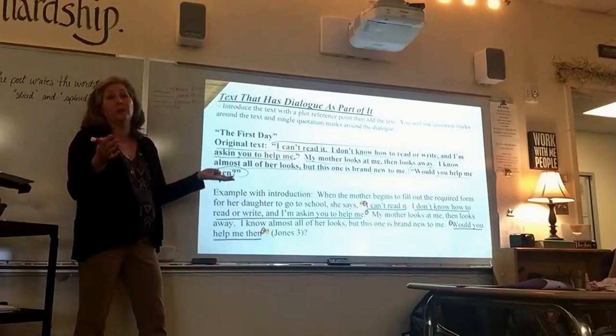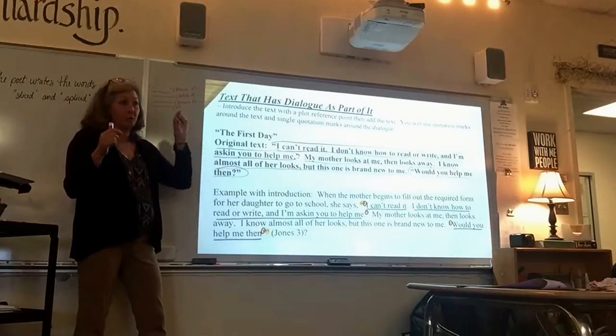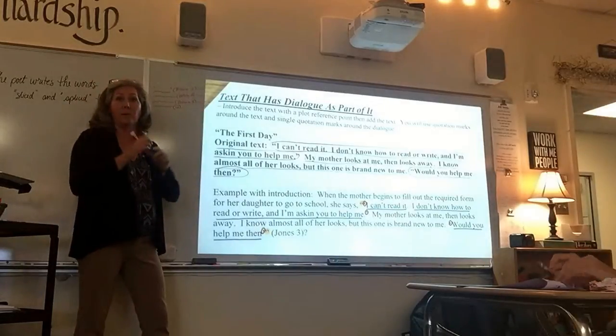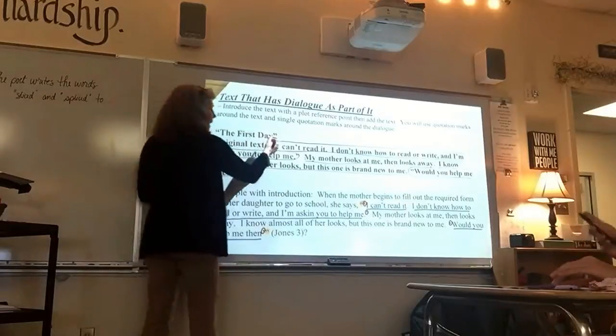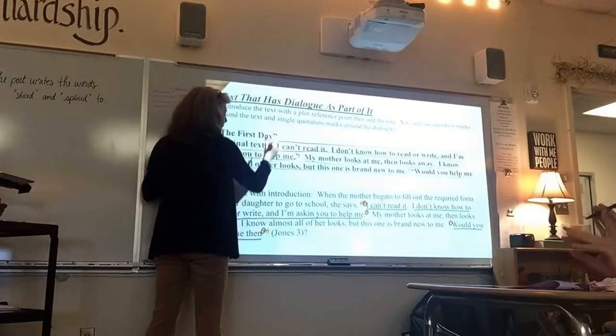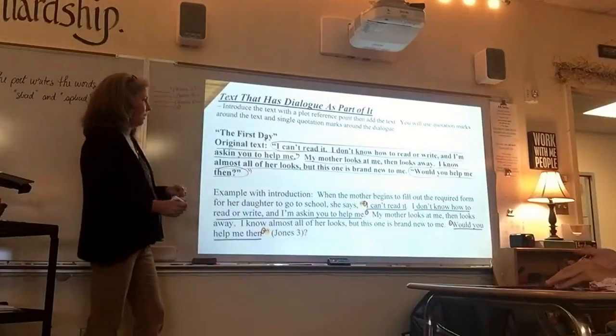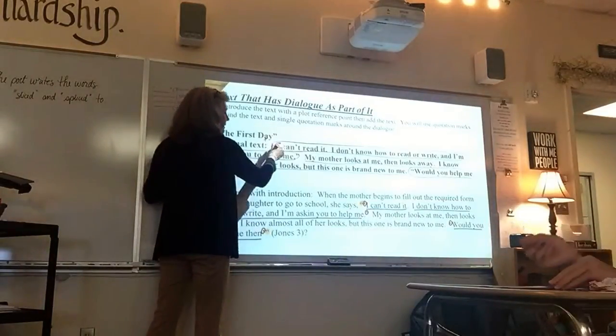What have we been doing? We put the two quotes, one on each side, don't we? So literally you have to start the quotes here and end them here. Would you agree?